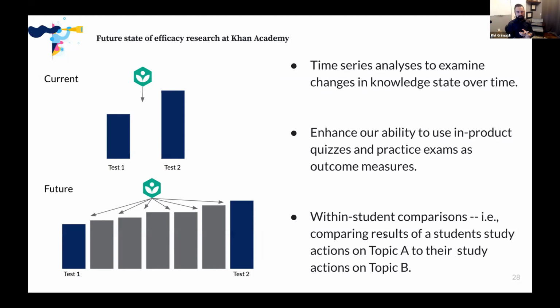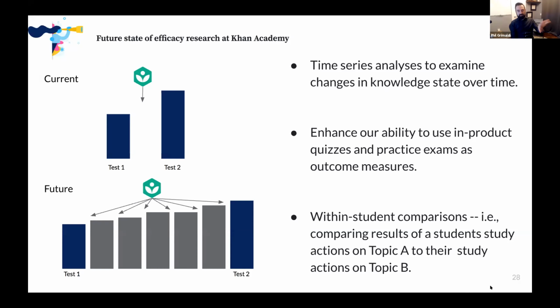We also need to really enhance our ability to use our in-product quizzes and practice exams. Fortunately, we have all of these validated external data already, so we can validate against those external quizzes and tests and start to look at moment-to-moment changes in student learning. What I'm really excited about is the ability to do within-student comparisons.